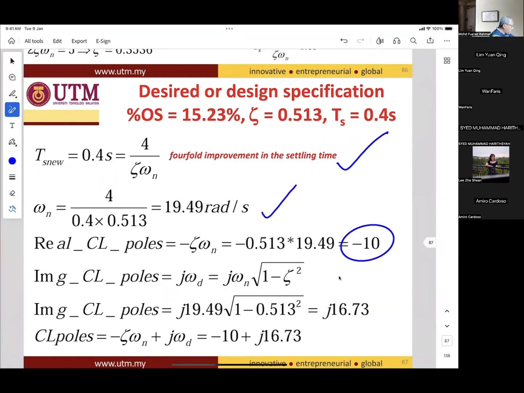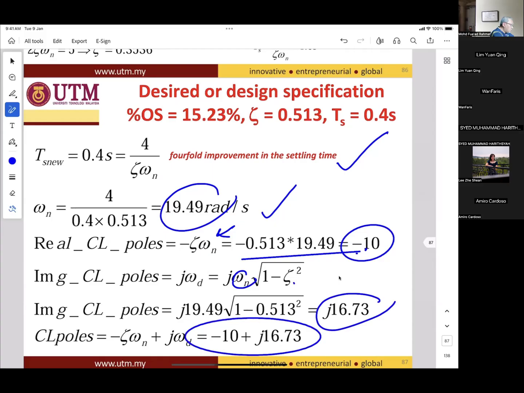The new omega n is 19.49. So you insert inside here and you get minus 10. Then for the imaginary part, you insert 19.49 with the zeta value 0.513, then the square root, and you get 16.73. So this is the new closed loop pole.